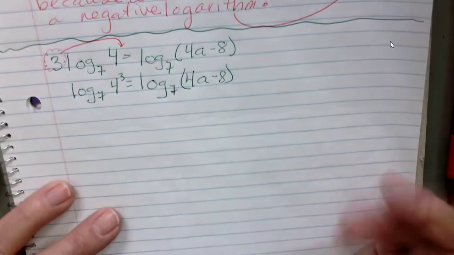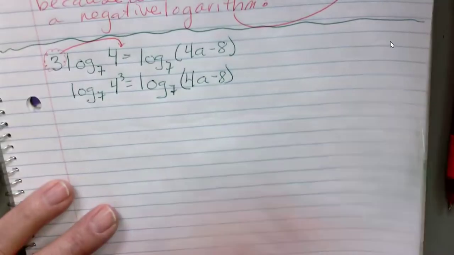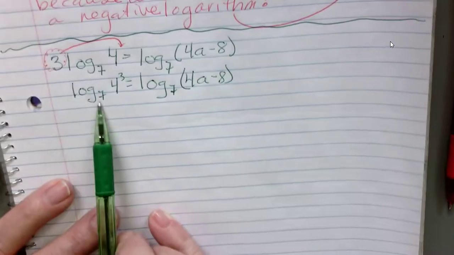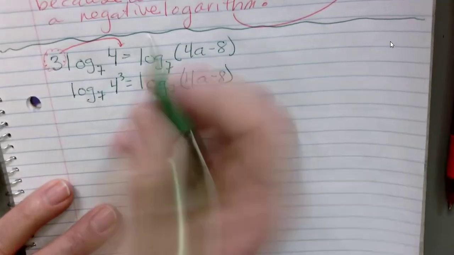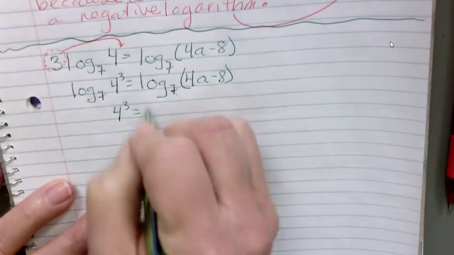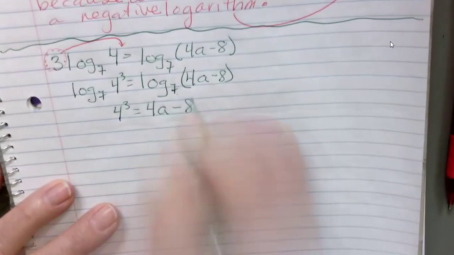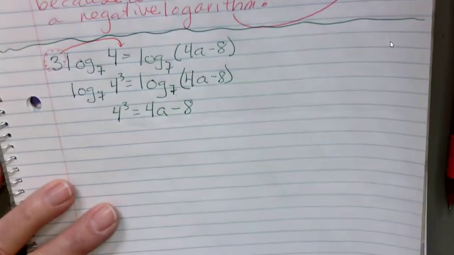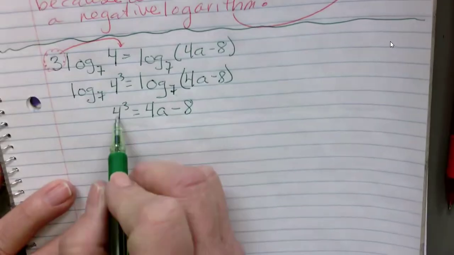We cannot condense it anymore, and now we have matching log base 7 on both sides, so I can get rid of that, and I have 4 to the 3rd power equals 4a minus 8. This is now Algebra 1, so solve for a, pause. Welcome back. So my first step would be to do 4 to the 3rd power.